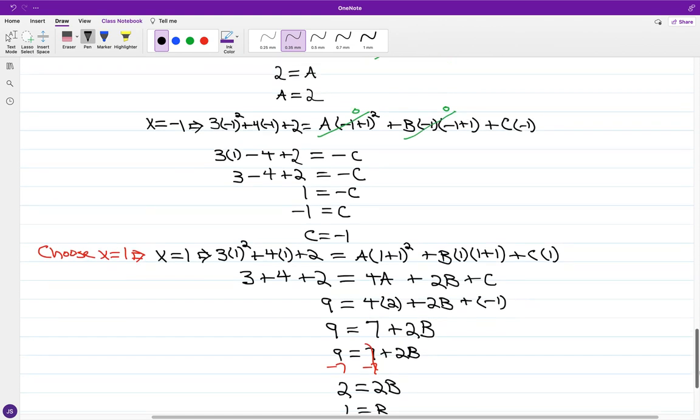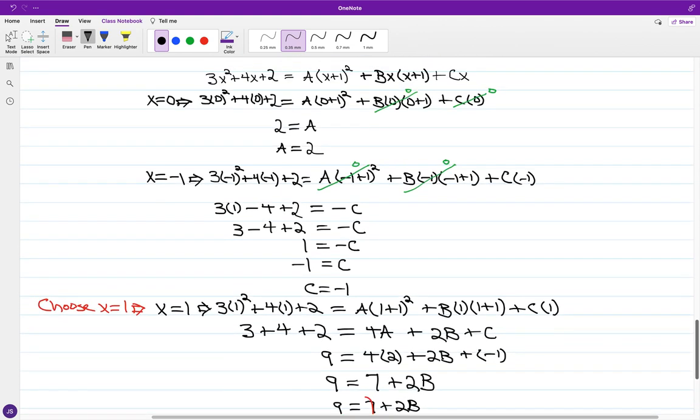So we have a at 2, b at 1, and c at negative 1.